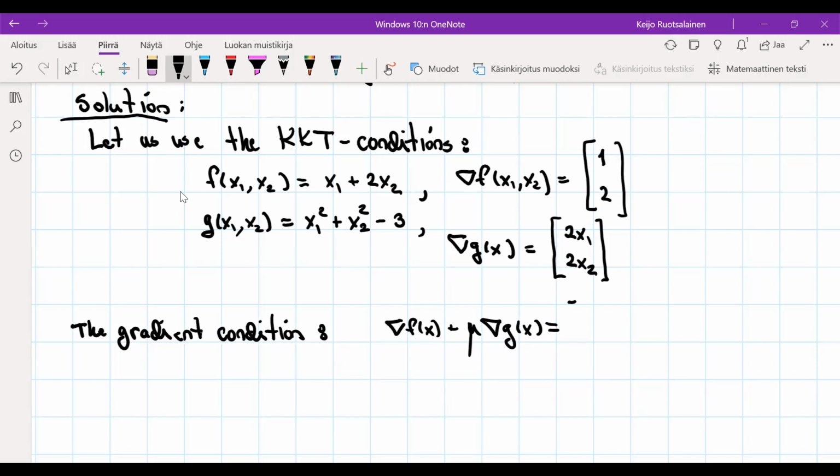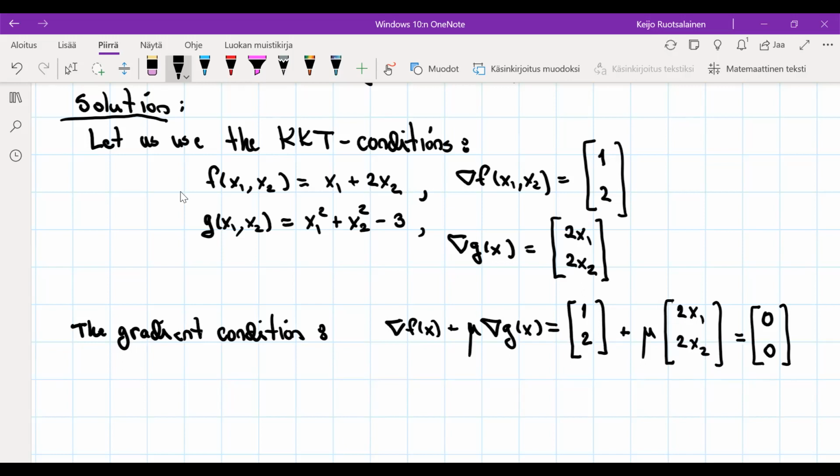So gradient of f is with coordinates 1 and 2 plus mu times 2 times x1, 2 times x2 equals a 0 vector.